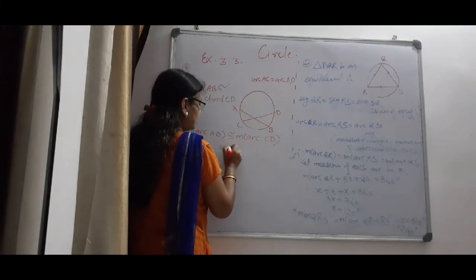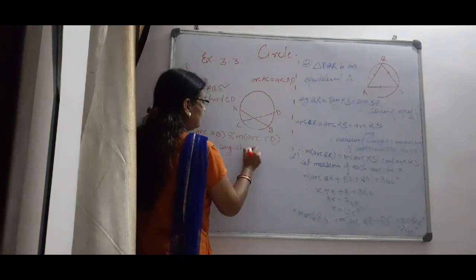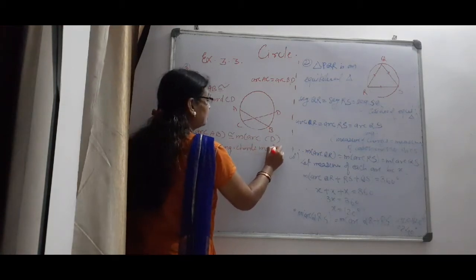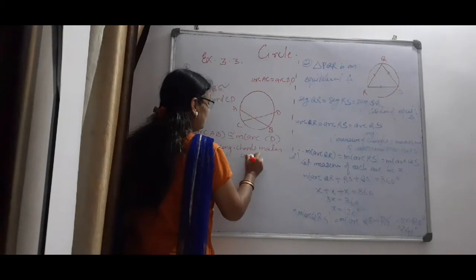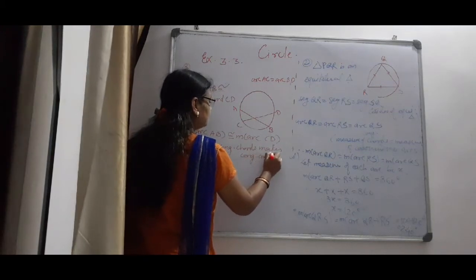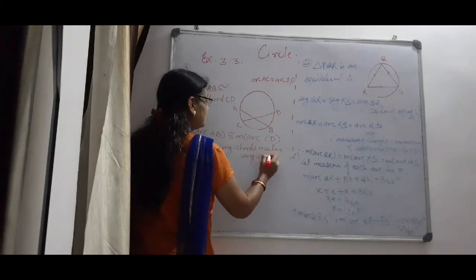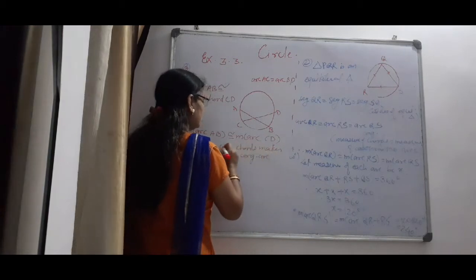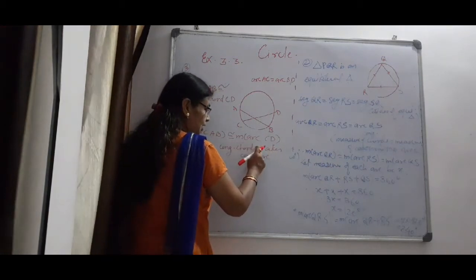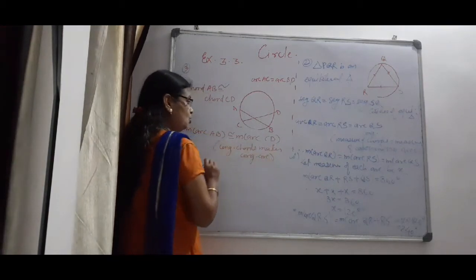Congruent chords make congruent arcs. If the chords are congruent, then the arcs are also congruent.